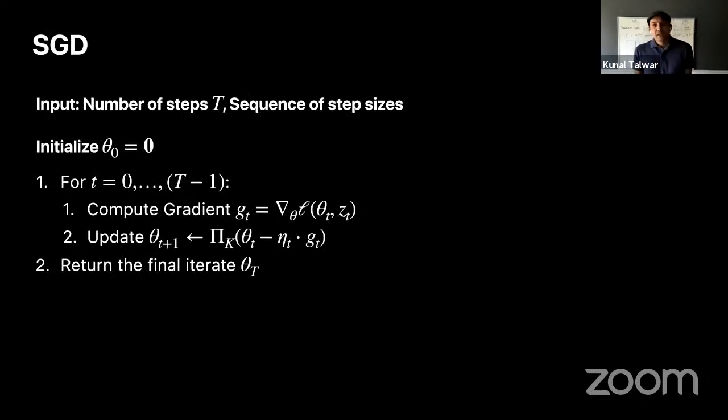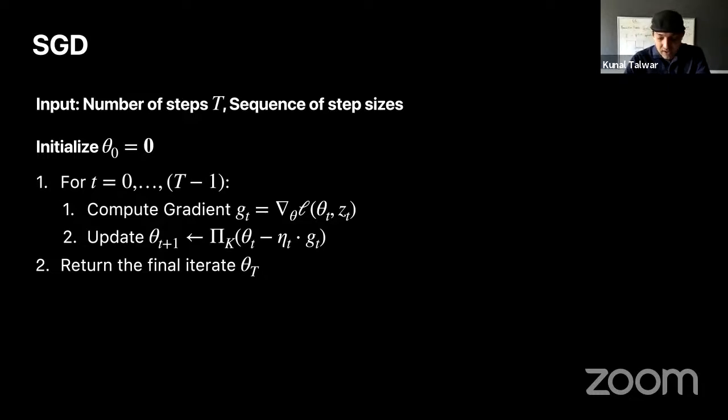The simplest algorithm that achieves the SCO bound is perhaps stochastic gradient descent. This is an algorithm that we all know and love. It starts at some theta naught and over t steps computes the gradient at some example, takes a small step eta t times g t in the direction opposite to the gradient, projects back to the convex set and repeats.